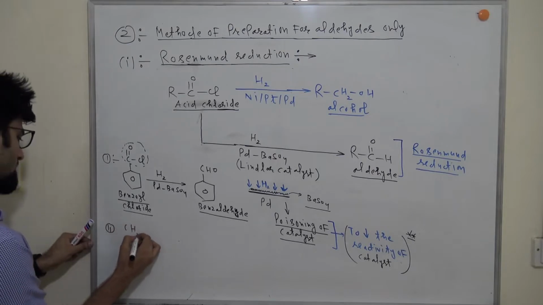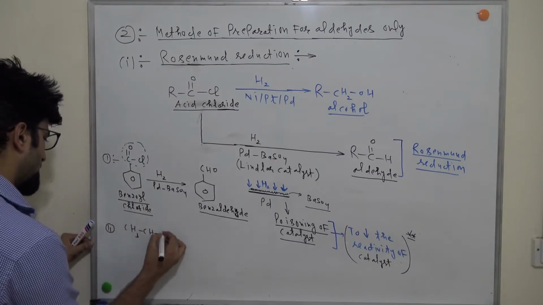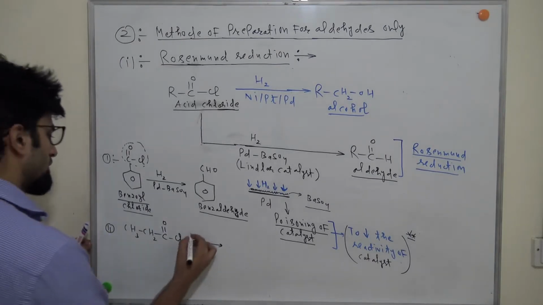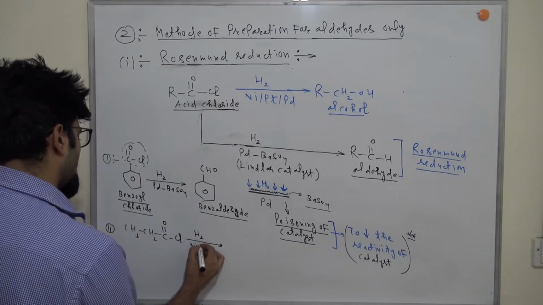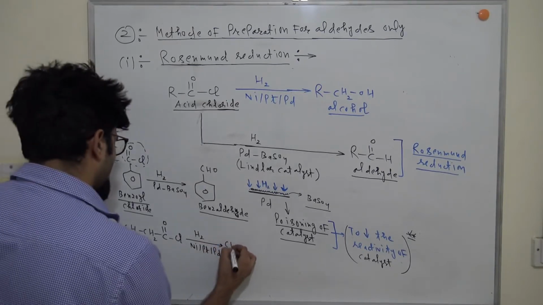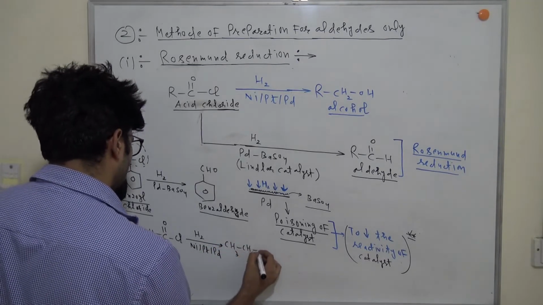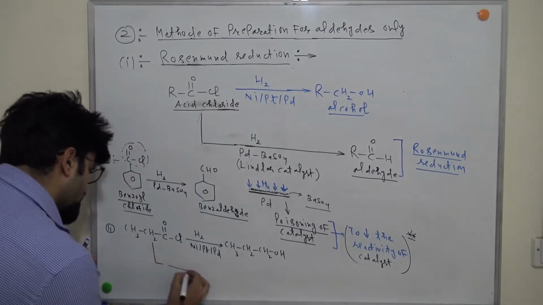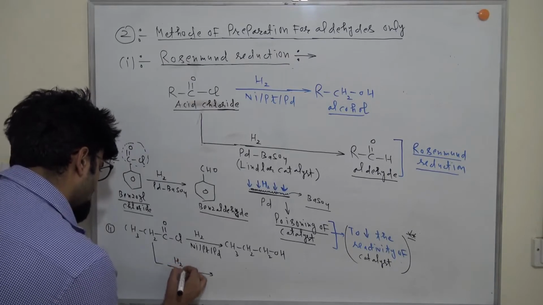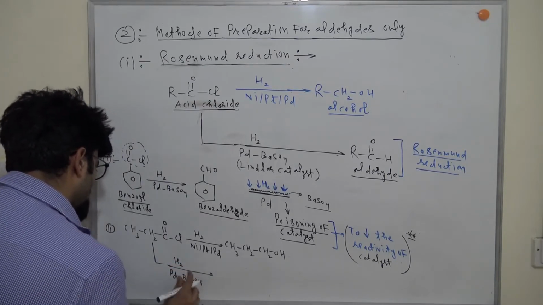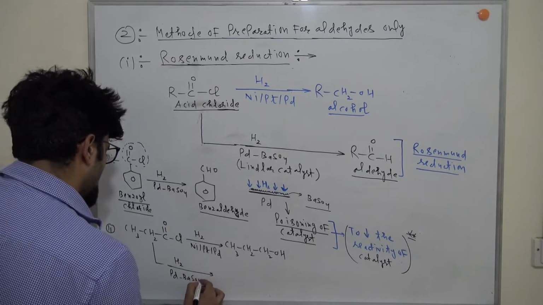Similarly, second type of question. Tell me the answer. CH3CH2C=O-Cl. Suppose I do its reaction with H2/Ni/Pt/Pd, no poisoning. Then what will I get? I will get alcohol, CH3CH2CH2OH. But if I do Rosenmond reduction, means poisoning with Pd-BaSO4, H2 with Pd-BaSO4.